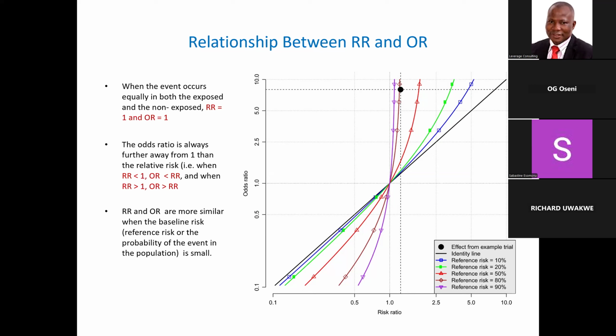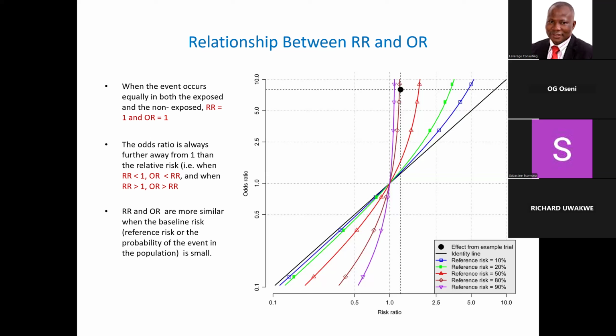The odds ratio is always further away from 1 than the relative risk. So when the relative risk is less than 1, the odds ratio is less than the relative risk. When the relative risk is greater than 1, the odds ratio is greater than the relative risk. I don't know if you get it now.